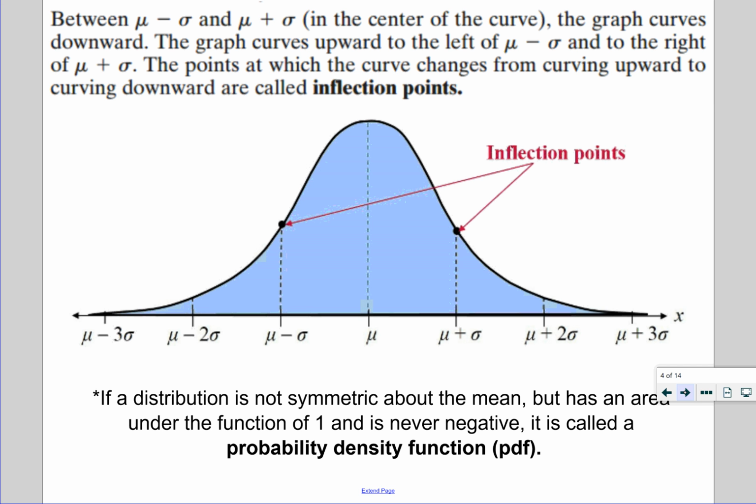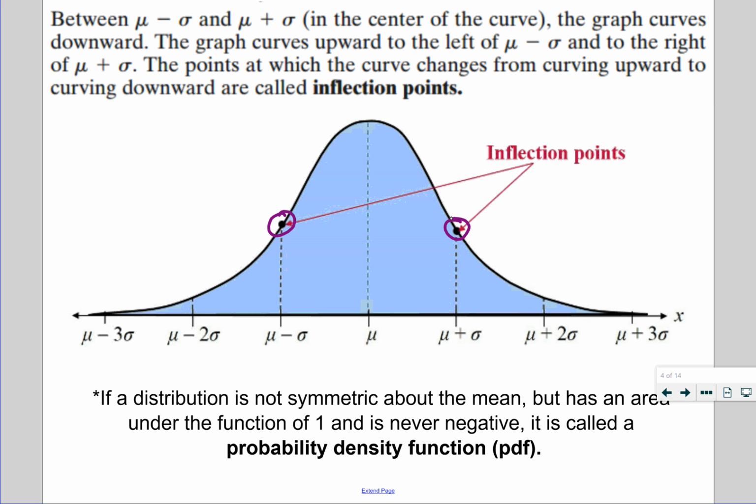Well, if I take a line up from my standard deviation, that's 1 away from my mean, we get these points called inflection points. Inflection points can be found first and then help us actually find the standard deviation. We're going to approximate these the best we can for right now. We'll eventually be able to calculate the standard deviation, so we won't have to estimate off of the graph, but for now we'll be estimating off the graph.